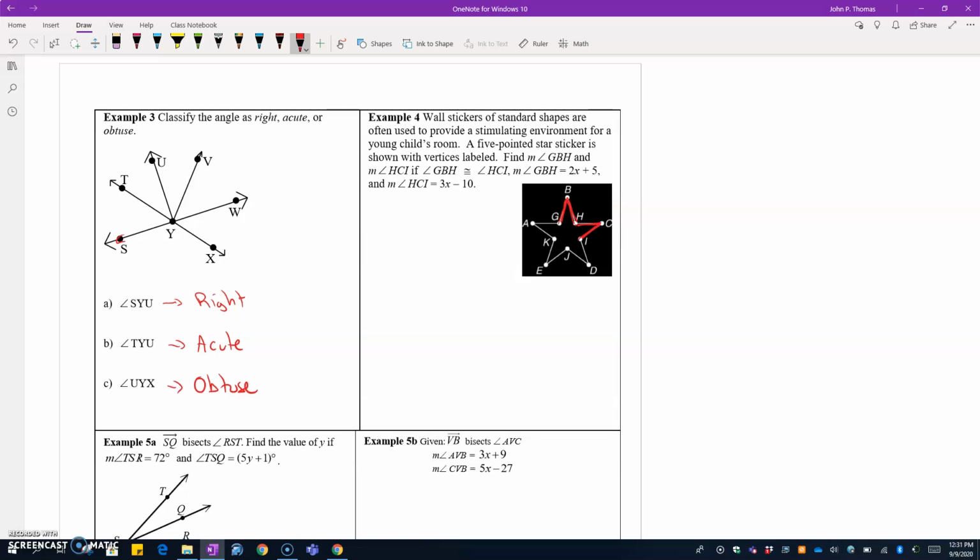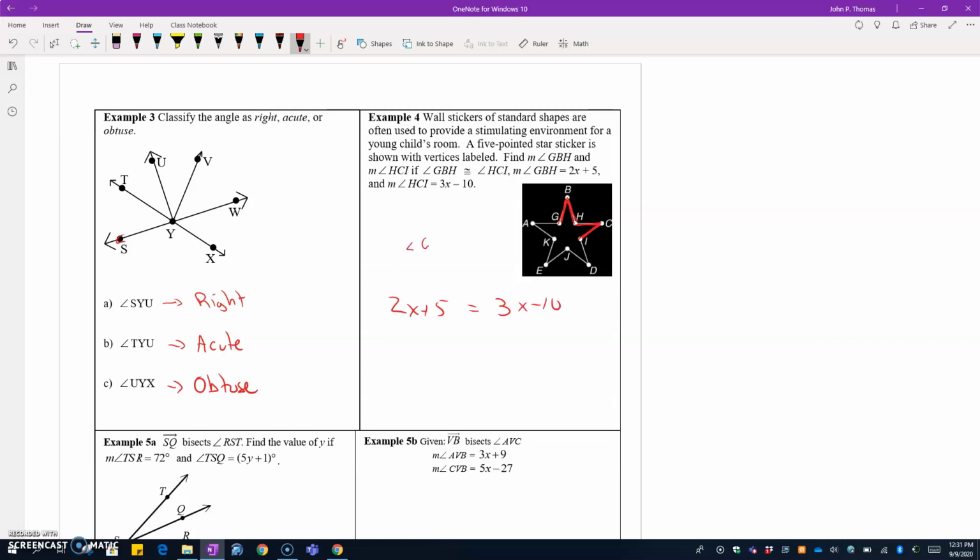So we would probably anticipate those being the same angle, all right, if GBH and HCI are the same, right, and GBH is 2x plus 5, and HCI is 3x minus 10.